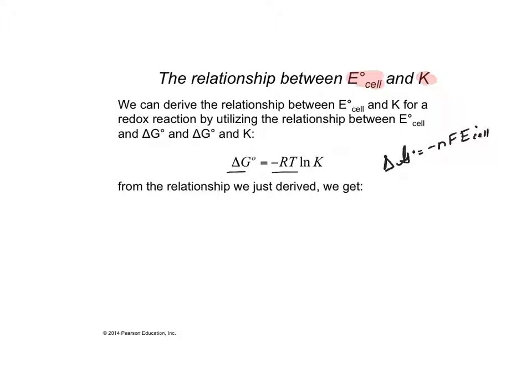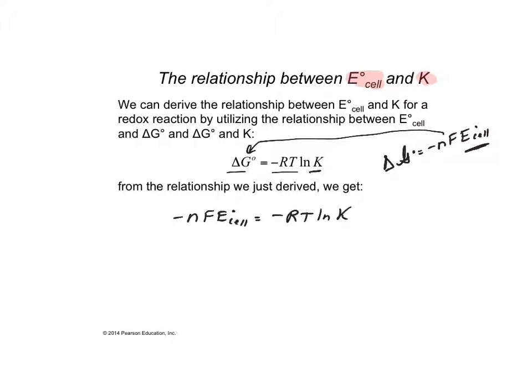So we spent some time deriving this guy. Again, we're trying to form a relationship between this and this, okay? So all I'm going to do is substitute this in for delta G. So that's going to leave me with minus NF E cell is equal to minus RT ln of K.